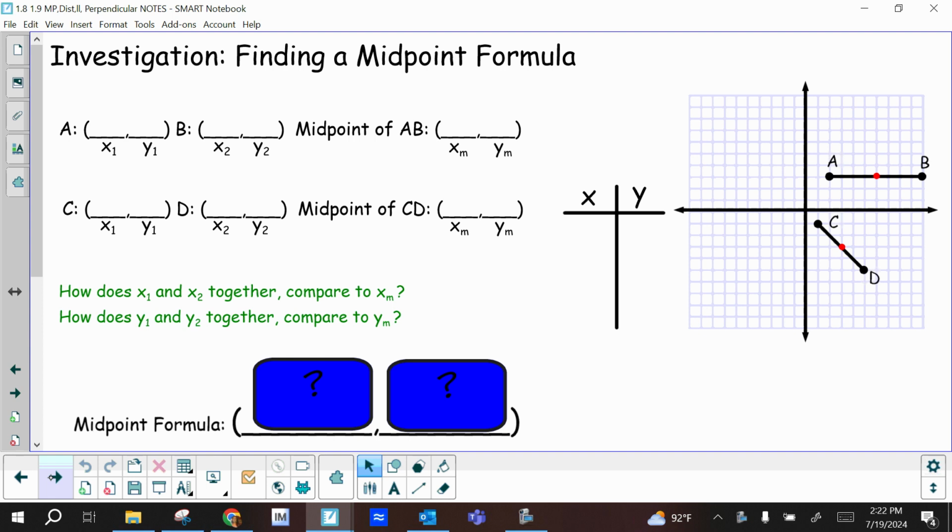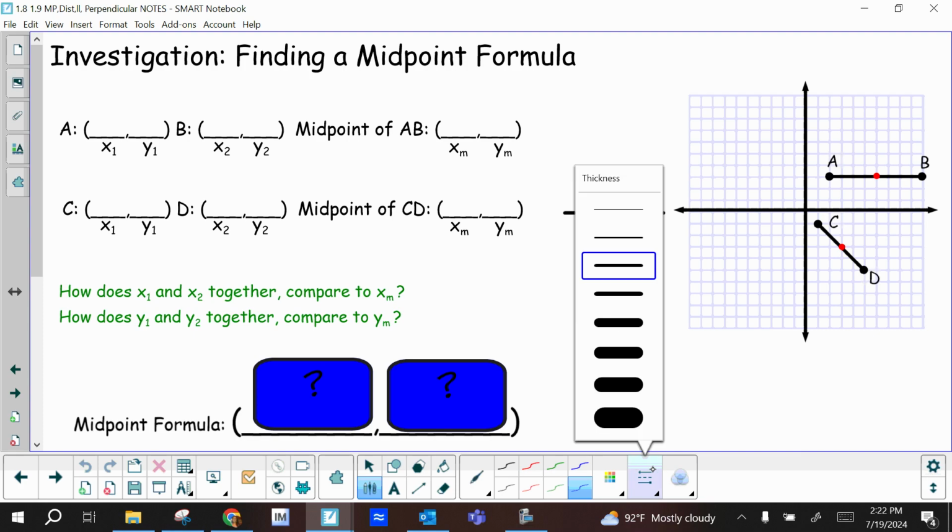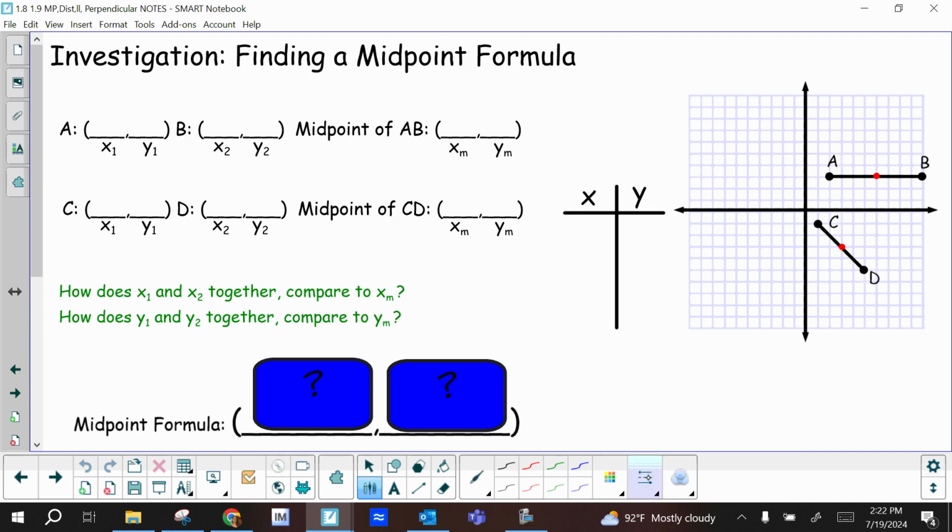So we're going to investigate here and discover the midpoint formula. Let's start with finding all the coordinates for A, B, C, and D. Starting with A, A is at (2, 3). So let's write that down.